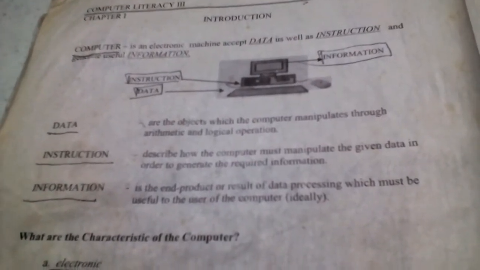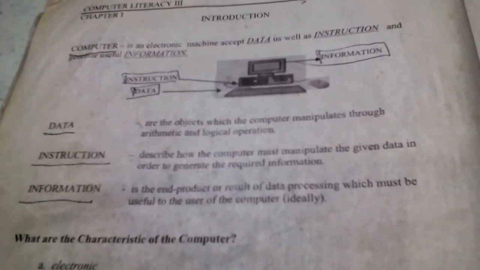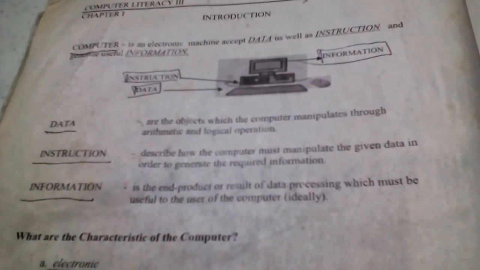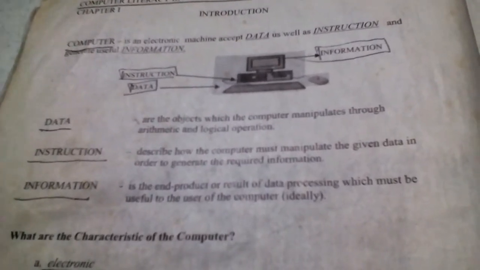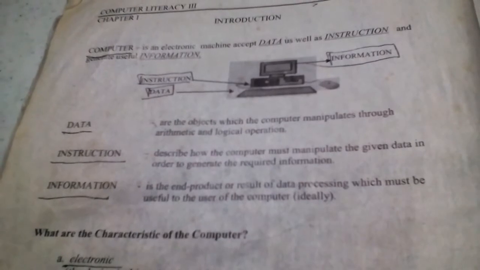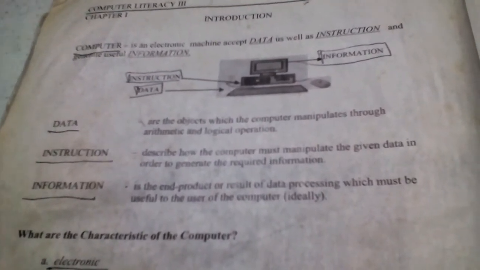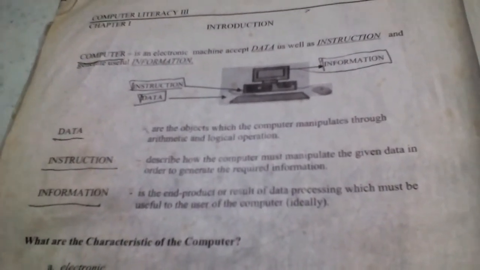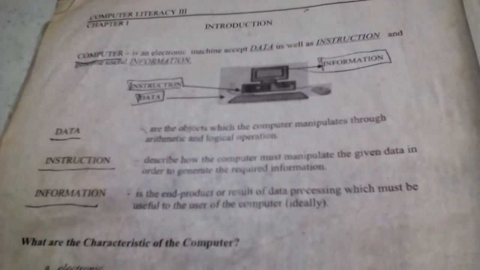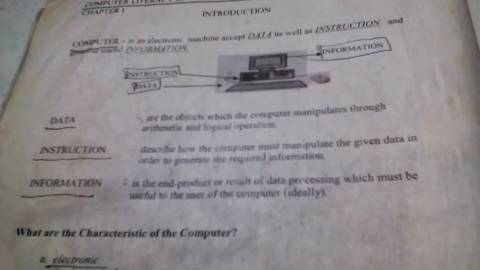For example, after doing some instructions, following the procedures, you need to create a finished product, which is considered bread. And what is the purpose of that? To eat, actually.